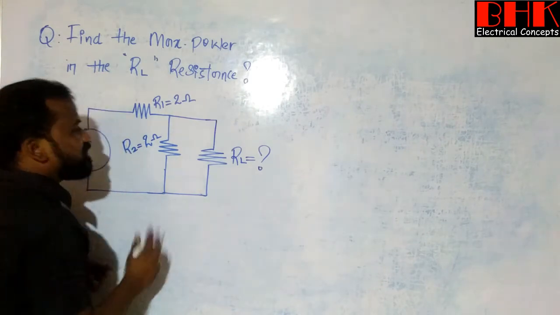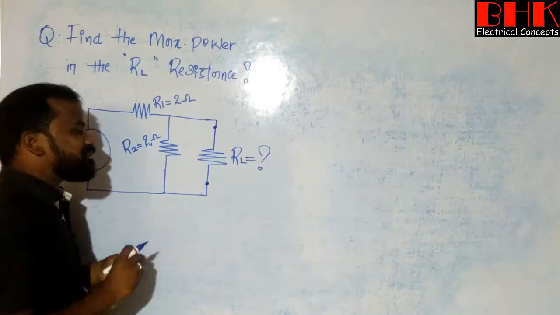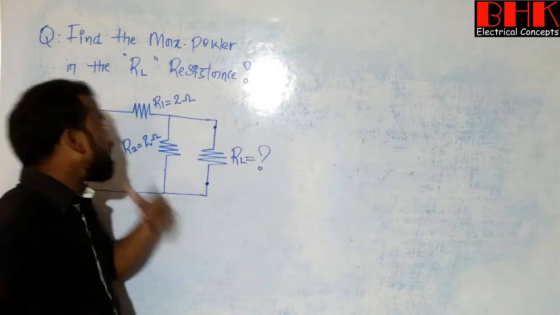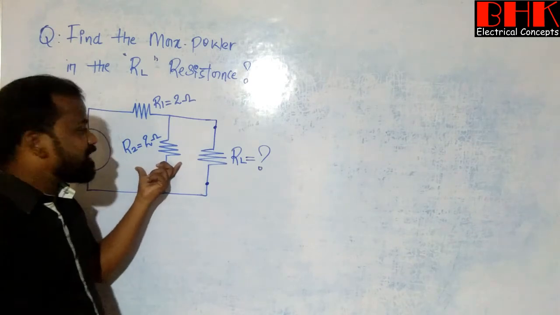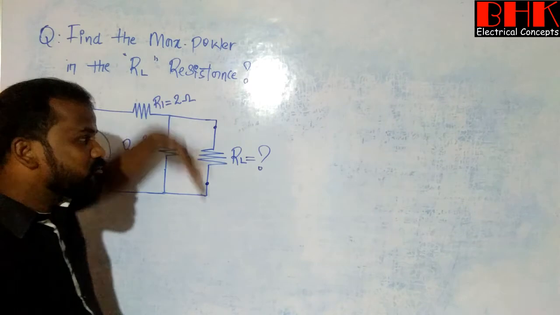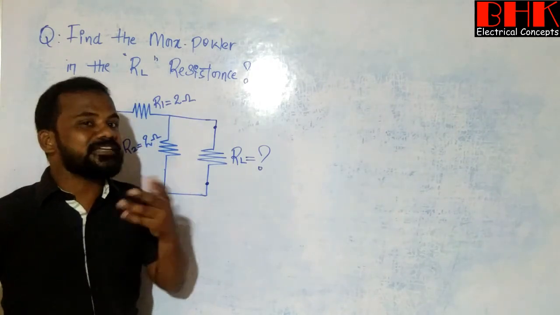Clear? Now, as per Thevenin's theorem procedure, first identify the load resistance and disconnect that load resistance from the actual circuit, and convert the total remaining circuit into the equivalent circuit of Thevenin's theorem.